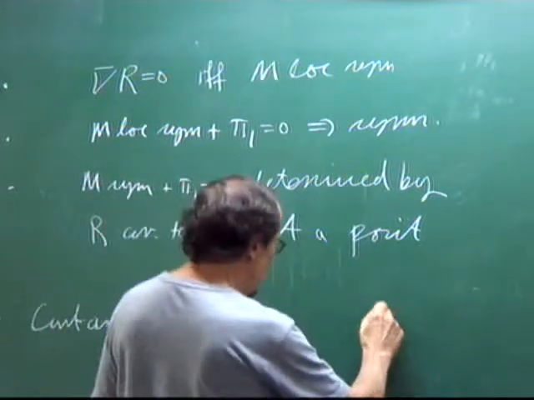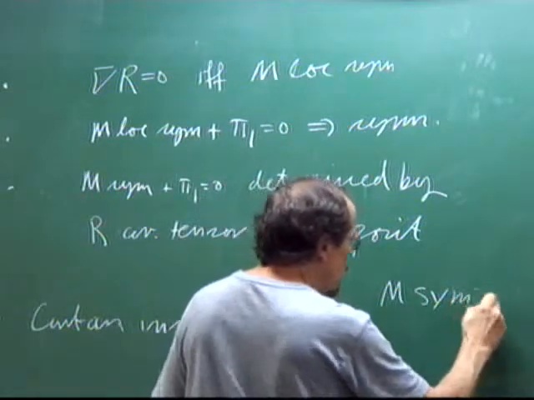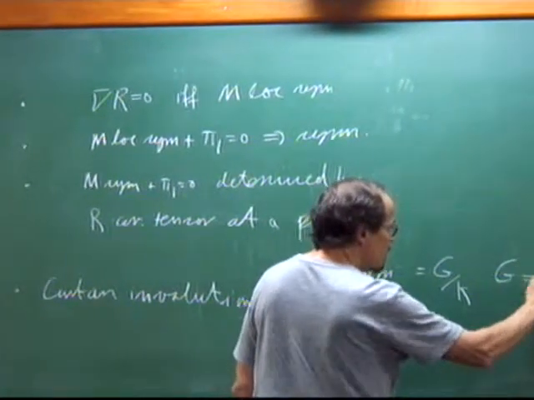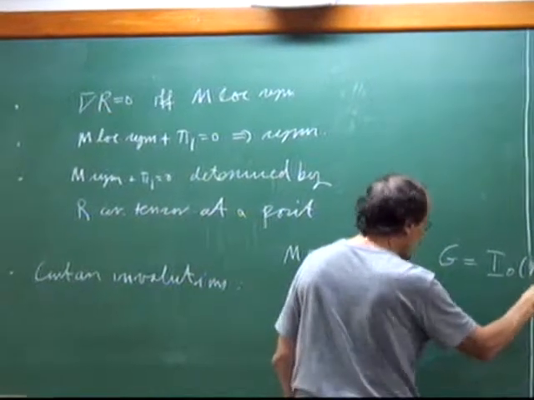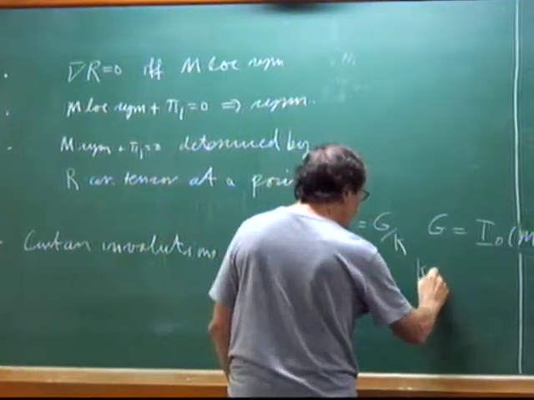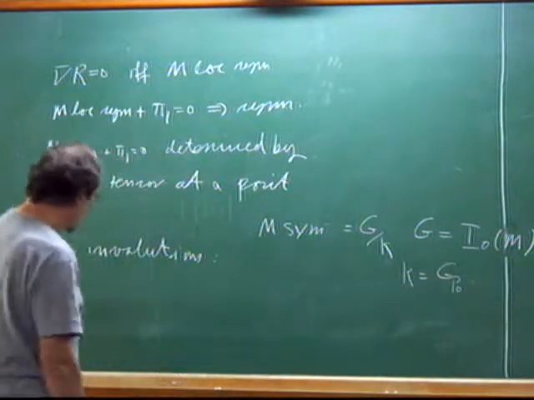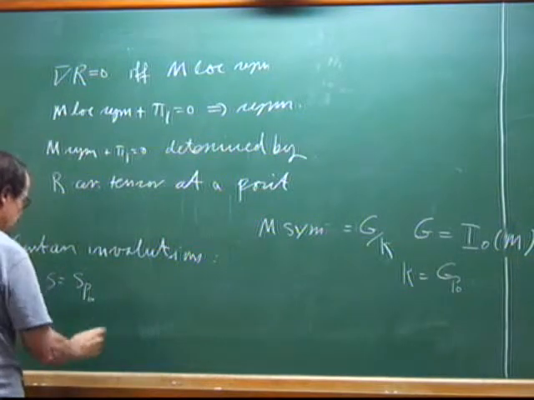So remember the way this went was, M is symmetric. I write it as G mod K, where G is the identity component of the isometry group, and K was the isotropy at some base point P0 in the manifold. And then we let S be the symmetry at that base point P0.